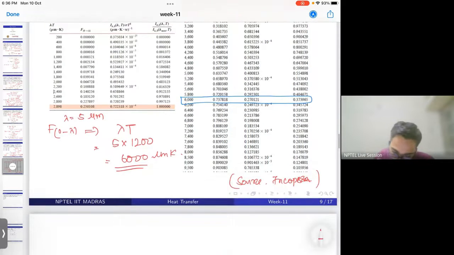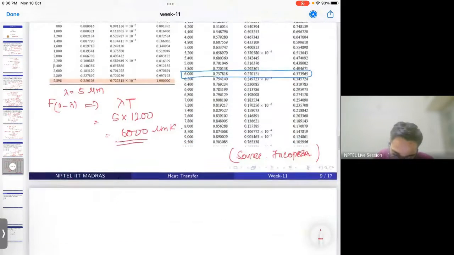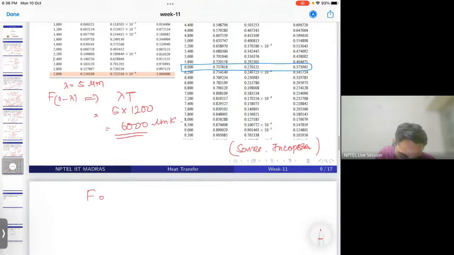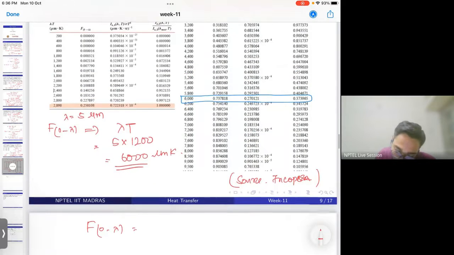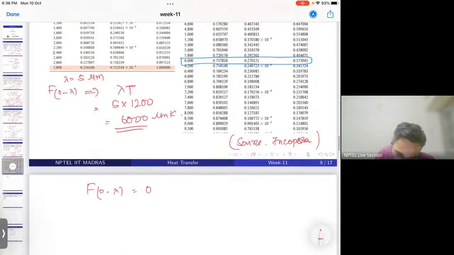The black body distribution function f 0 to lambda for that is given as 0.737819.